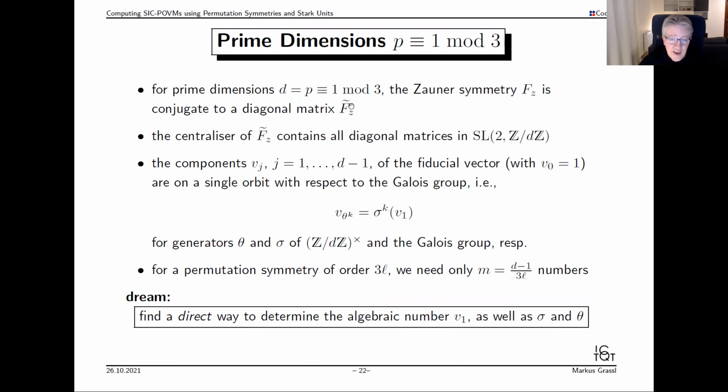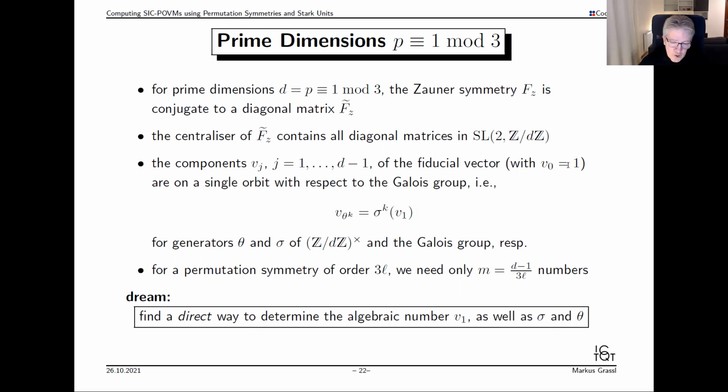And in that case, the Zauner matrix itself is already permutation symmetric. Related to that, the centralizer contains all diagonal matrices, and we have a single orbit under the Galois group. So we can get all the components of our fiducial vector.